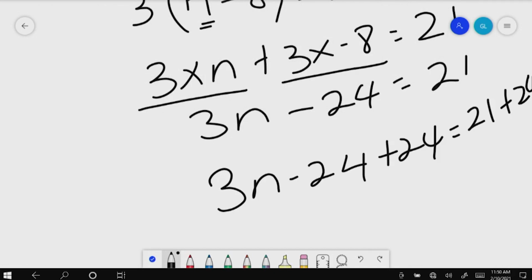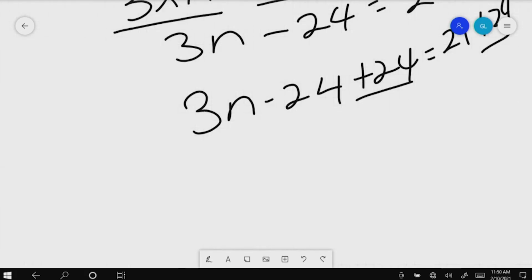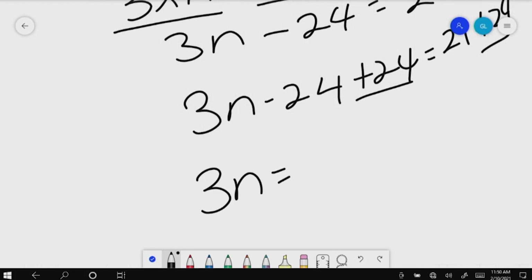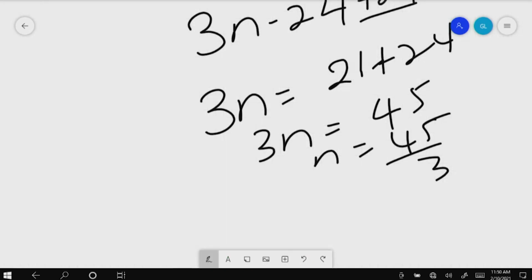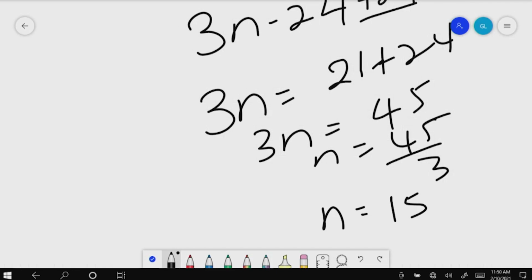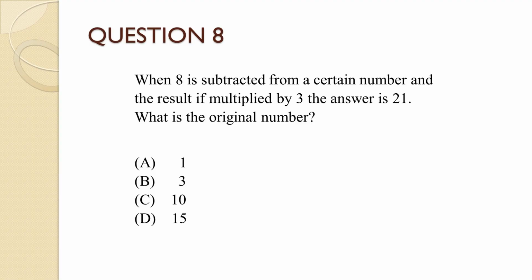Whatever we do on one side, we should do on the opposite side to maintain our balance, where 3n should equal 21 plus 24. 3n gives us 45, where n is 45 upon 3. n is equal to 15. So our solution for this question is D. Our original number is 15.